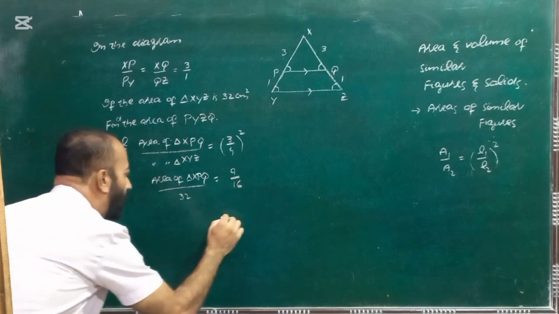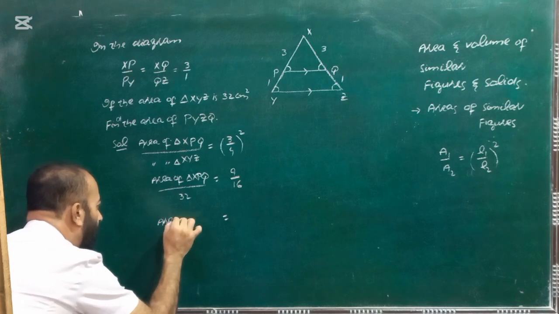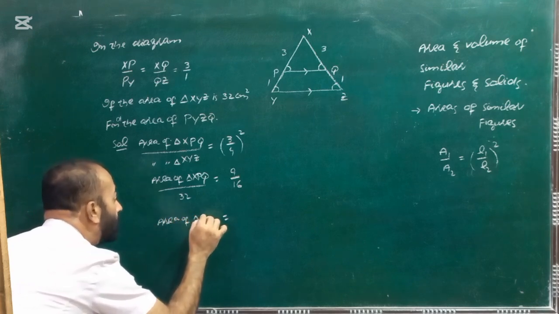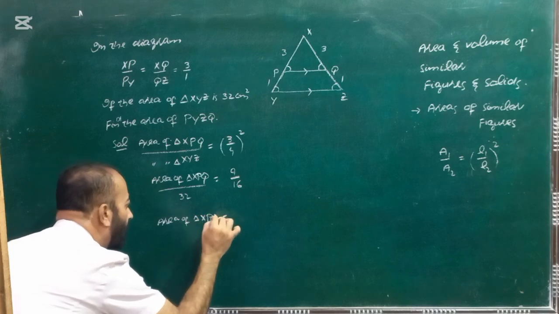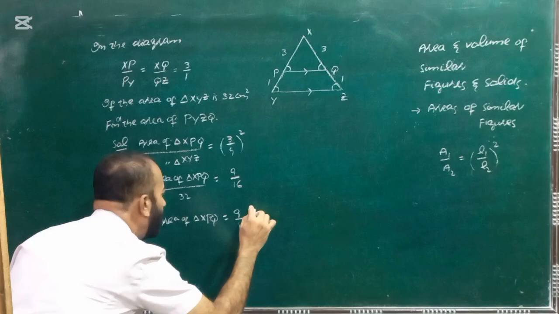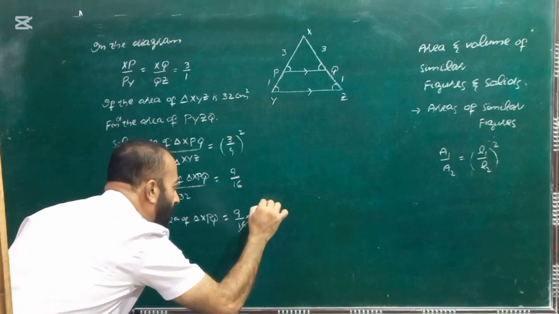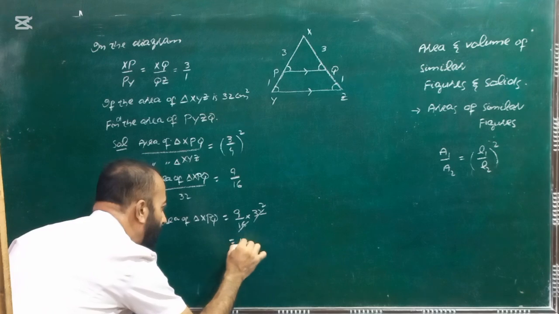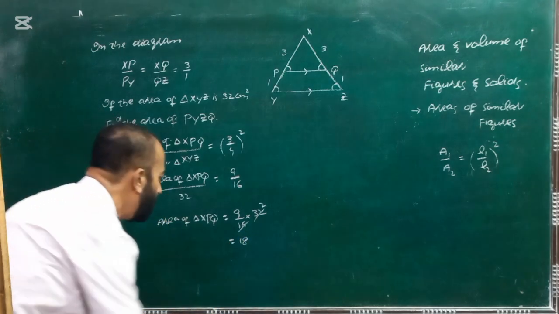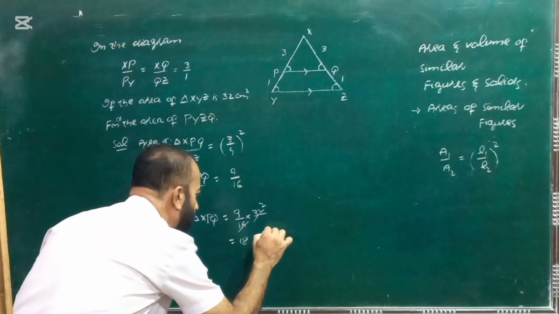From here, the area of triangle XPQ is equal to 9/16 multiplied by 32. 16 twos are 32 and 9 twos are 18. So the area of triangle XPQ is 18 centimeter square.